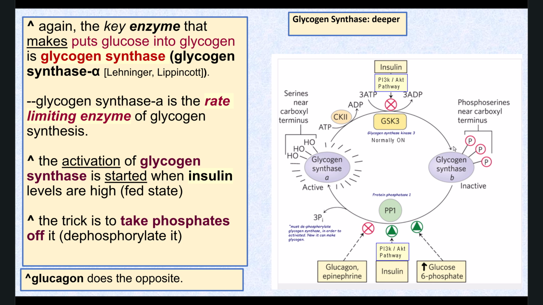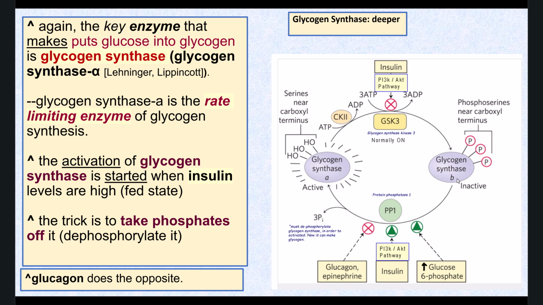So that one's off, but now we've got to activate this because it's still deactivated. To activate it, you can also see insulin binds to the same hepatocyte, and through that same PI3K AKT pathway, the AKT stimulates an important enzyme called protein phosphatase 1, or PP1. And PP1 will go up here, bind to the glycogen synthase, and rip all these phosphates off.